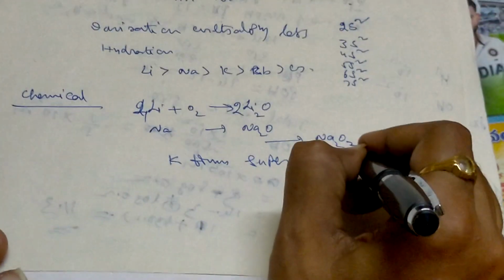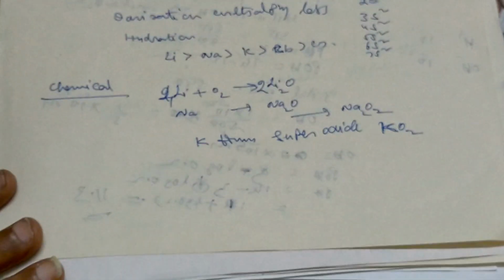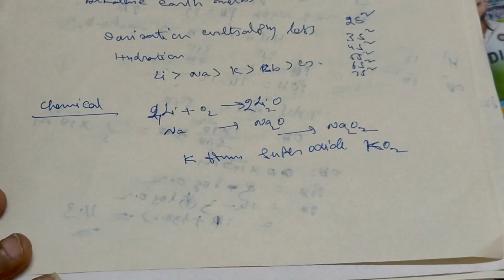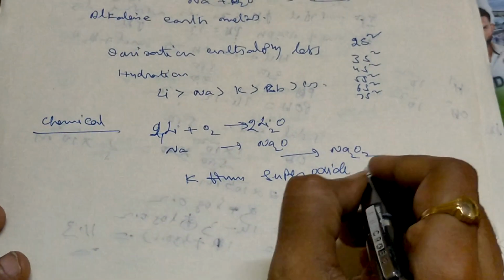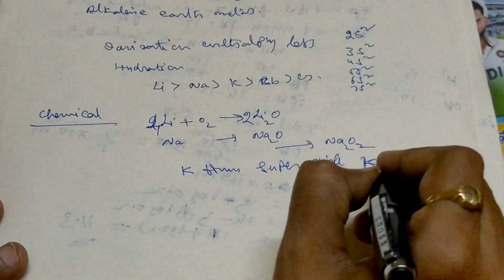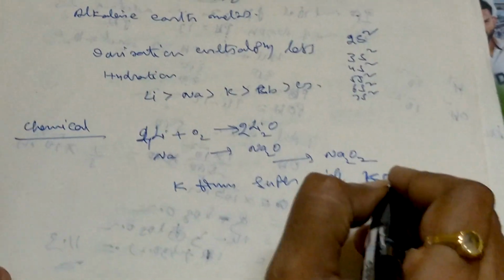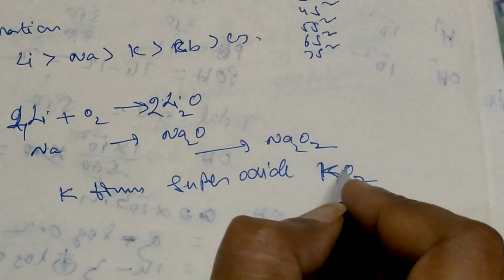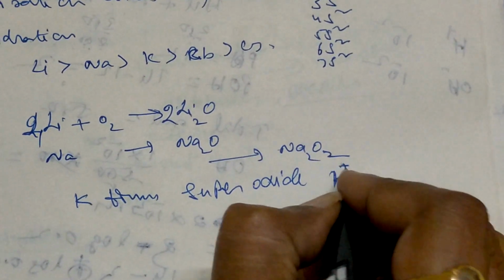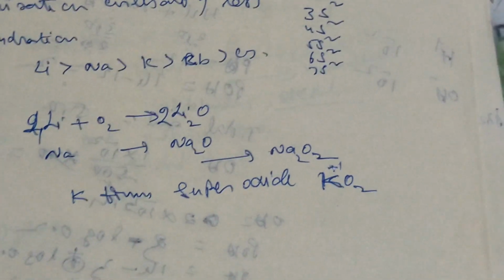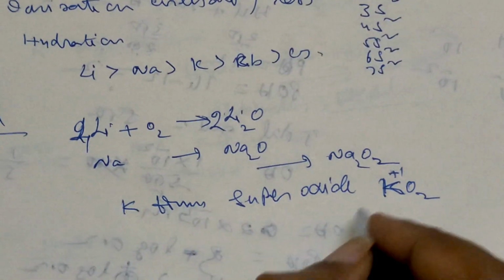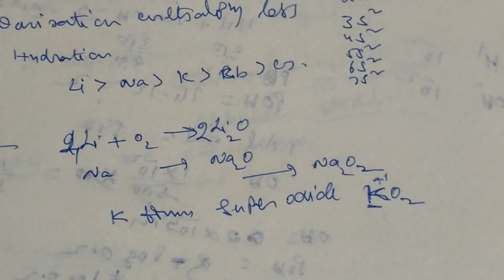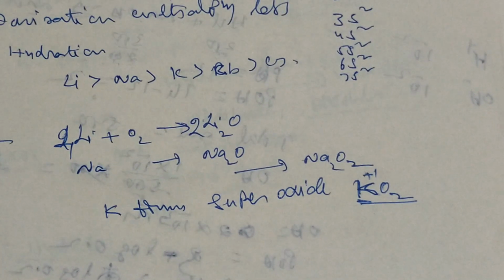Here don't get confused. If somebody asks for the oxidation state of potassium, you should not write plus half. Here oxygen has a different state, minus half, whereas potassium is only plus 1. It is a superoxide, KO2.